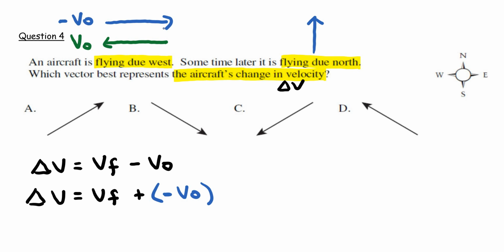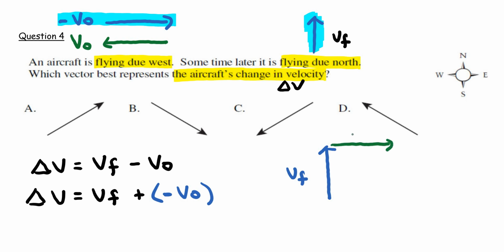All right, let's put the vectors together. I'm going to use a different color here, blue. I need my final velocity, so I need this vector right here in blue. And I also need my negative initial velocity vector. Let me write out my final velocity vector like that, and then attach your negative v naught vector.